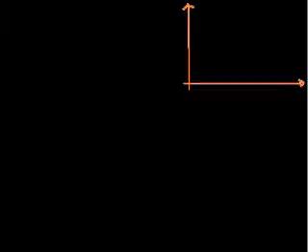I started off with a ball that was 4 feet off the ground, so let's say that's 4. And I hit it at 120 feet per second at a 30-degree angle to the horizontal.